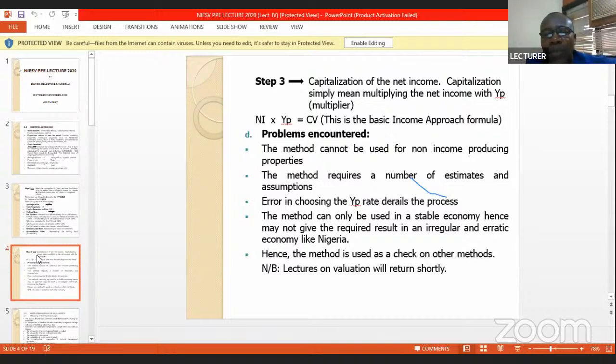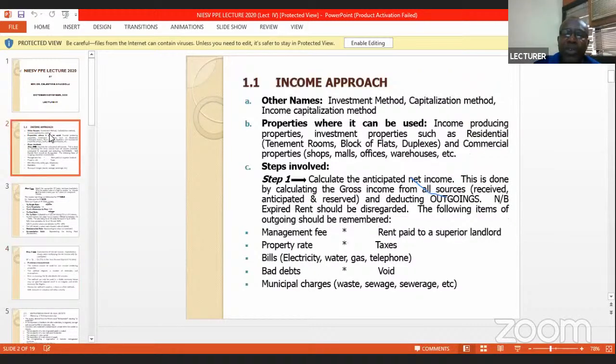So we have discussed the investment method of valuation, and we said an investment method income approach can be used for investment properties that are income producing. The first step is to calculate the net income, gross income minus outgoings.